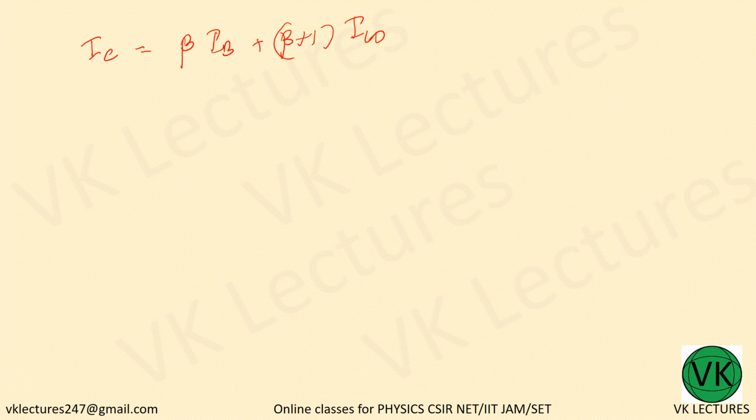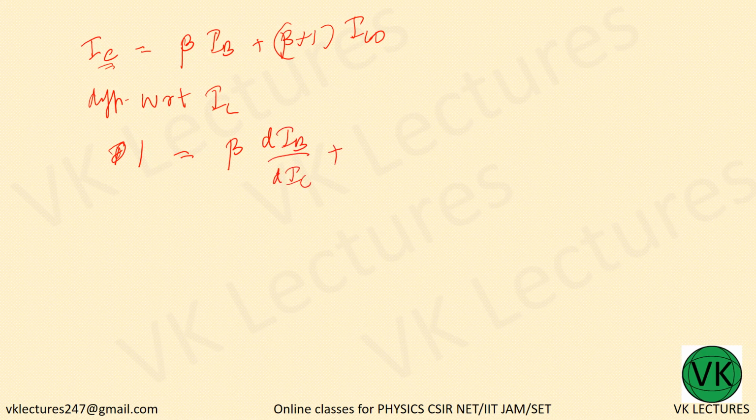Right? Now differentiating with respect to IC, what do you get? 1 is equal to beta into dIB by dIC plus beta plus 1 into dIC naught divided by dIC.